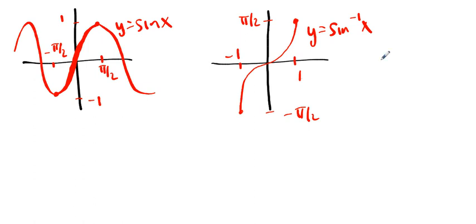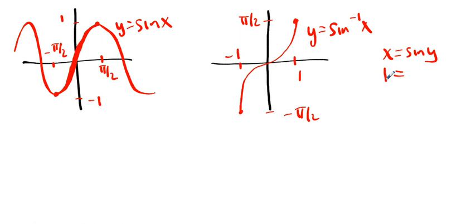To find the derivative of the inverse sine function, we recognize that if y is the inverse sine of x, then x is just whatever the sine of y is. And we can take the derivatives on both sides and be fine. The derivative of x is 1.